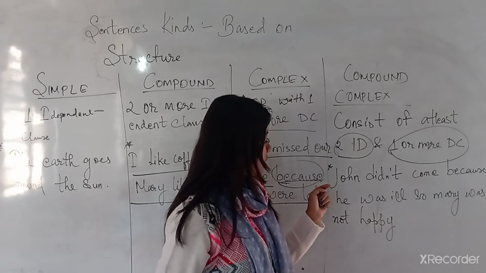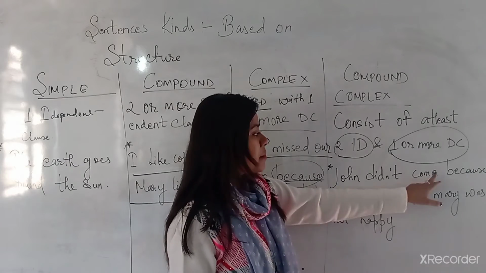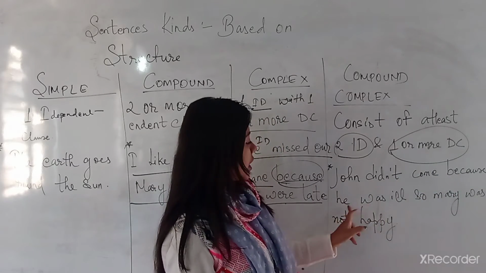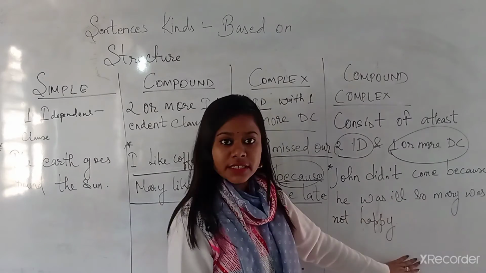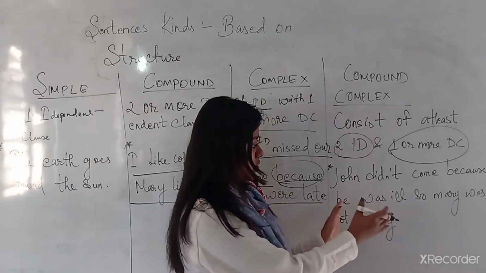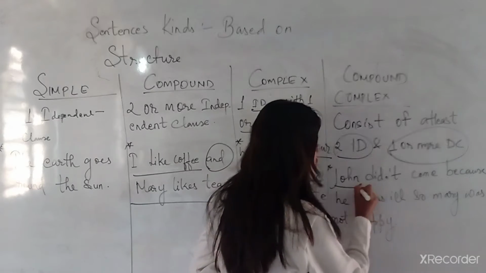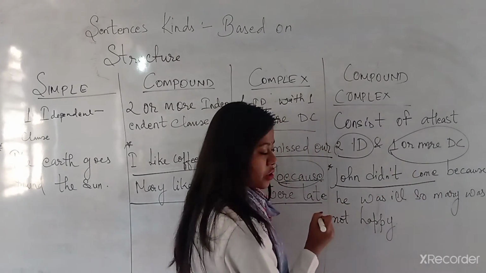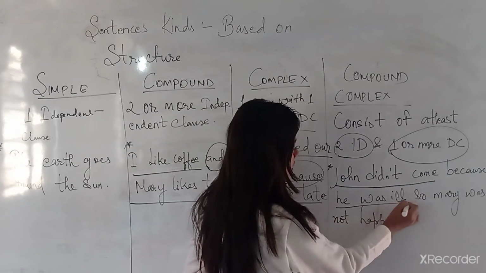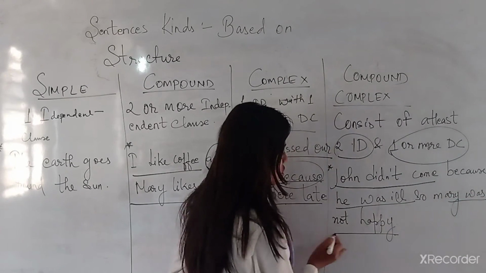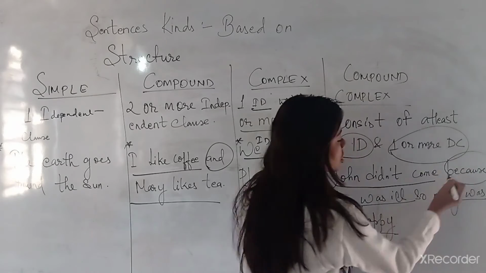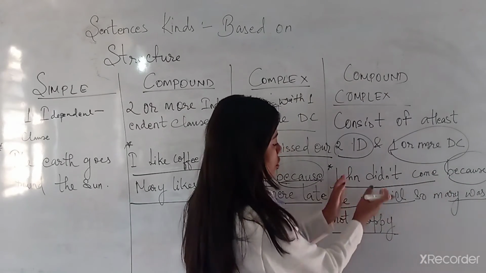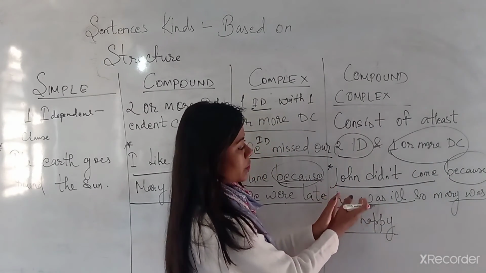Let's do an example: John didn't come because he was ill, so Mary was not happy. So there are so many parts in one sentence. Let's do: John didn't come. Okay, he was ill, Mary was not happy. So we can see here the conjunction 'because' is used to join these 2 clauses.